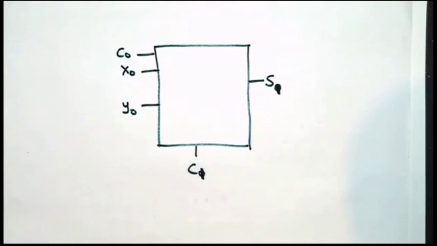Okay, so I'll have C0 and X0 and Y0 as inputs and C1 and S1 as outputs. And then if I want to add several columns of things, I need to hook them up together.